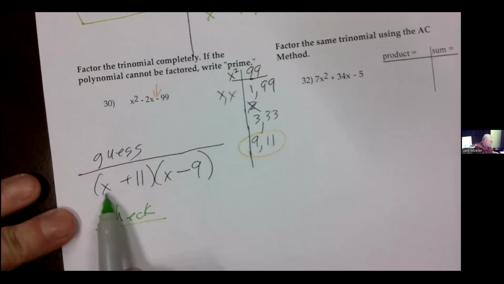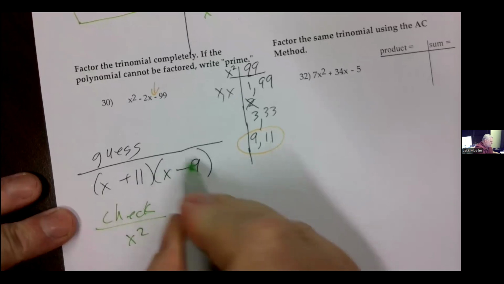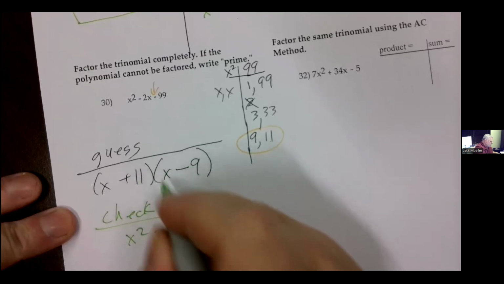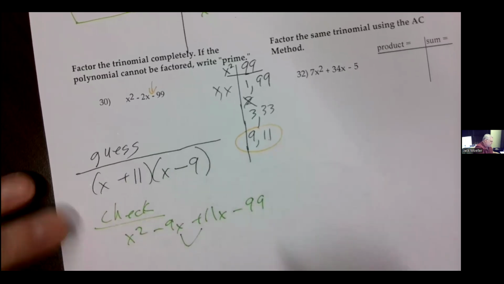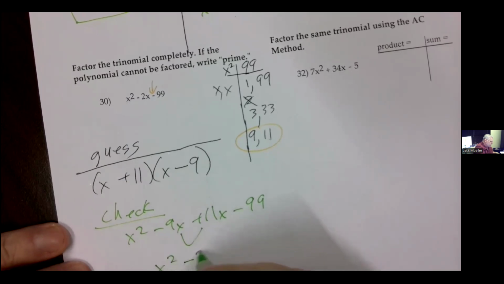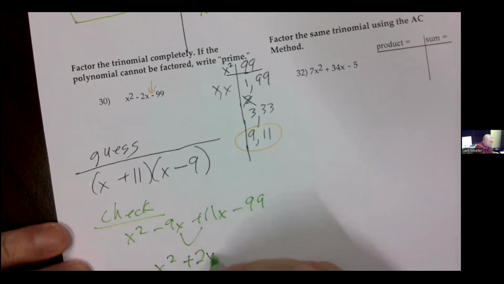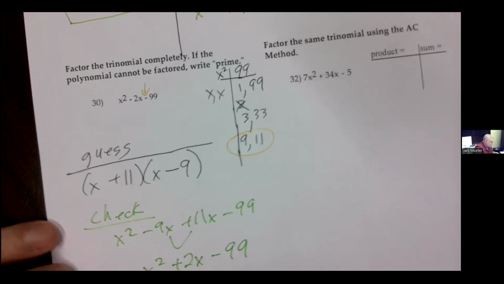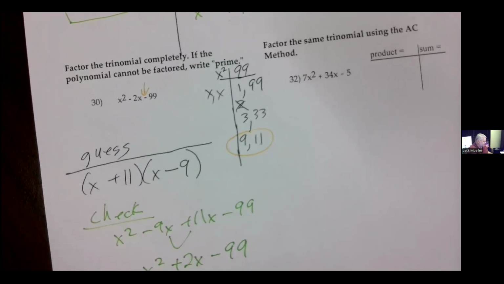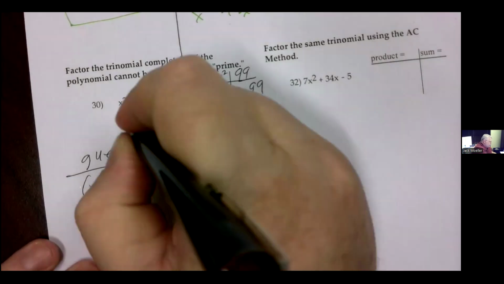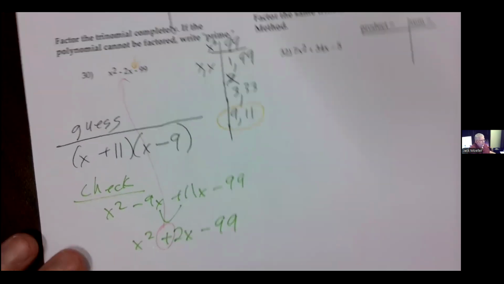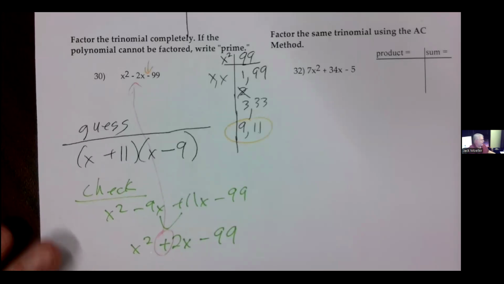So if we blow this out, x times x is x squared, and then minus 9x plus 11x, and minus 99, combine like terms, you get x squared plus 2x minus 99. And negative 9 plus 11 is positive 2. So what is the issue here? Well, the issue is that's positive, supposed to be negative. So we have the wrong answer.